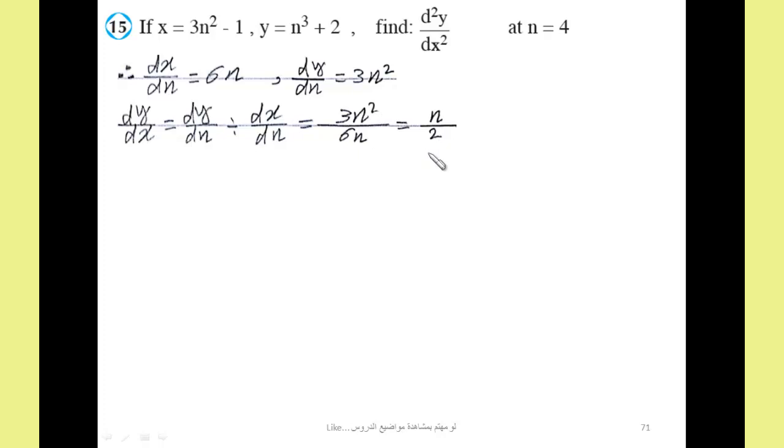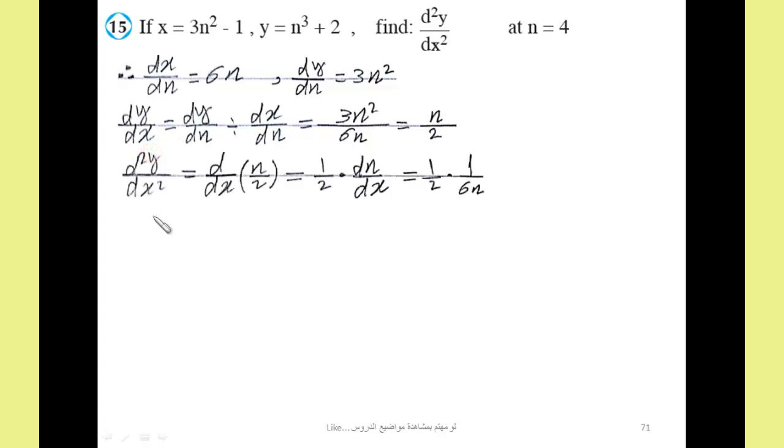But what is required here is to find d²y/dx². So we'll make a differentiation again with respect to x. So d²y/dx² equals the derivative of n/2 with respect to x, which equals half dn/dx.